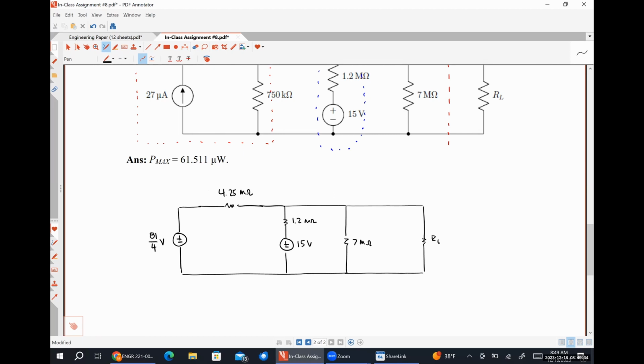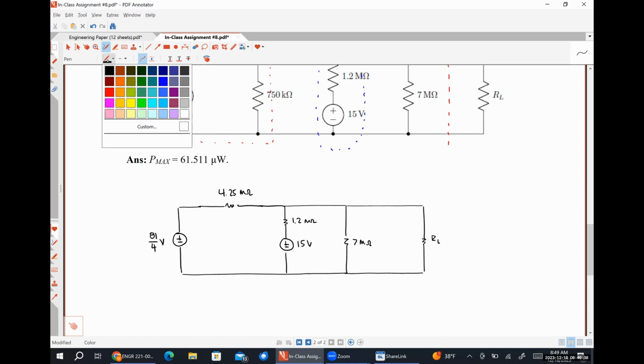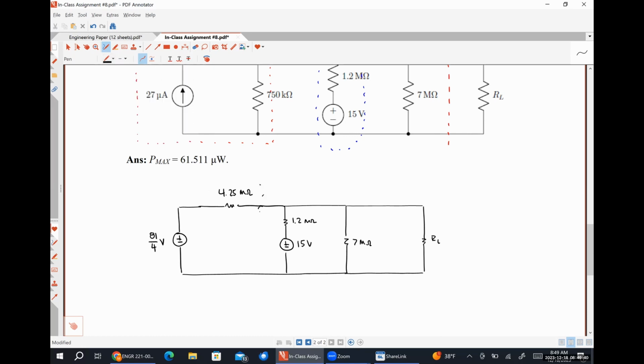Okay? So I'm going to transform this practical voltage source and this practical voltage source in the next step.